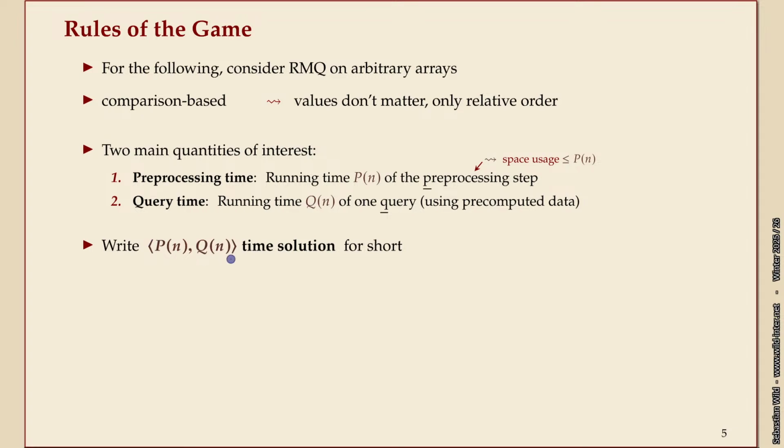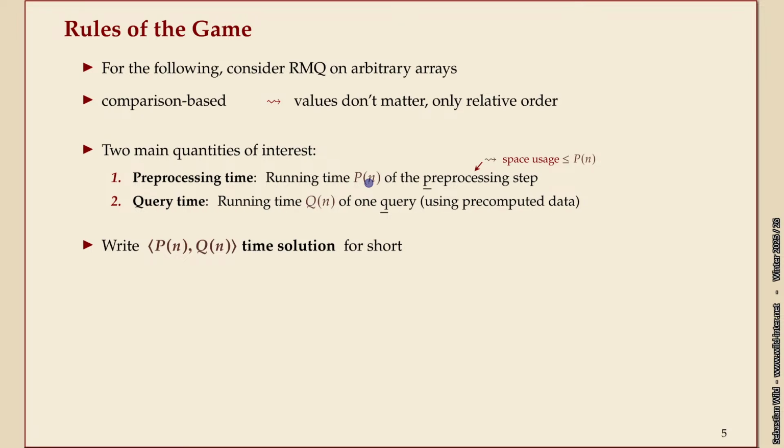To have a concise notation, let me write P and Q with these angle brackets for the pre-processing time and the query time. And any kind of solution will have some combination of these 2 times. Also note that if the pre-processing time is P of n, you don't have enough time to fill more space than P of n. So the space you use is always bounded by P of n as well.